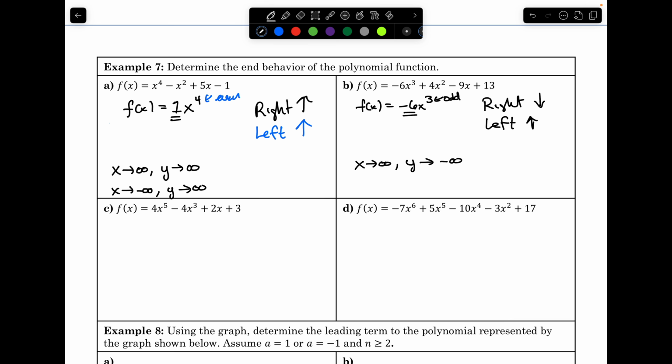That's the right. And on the left, maybe I should do this from left to right. On the left side, as x approaches negative infinity, your y values are going upwards. And on your right, as x approaches positive infinity, your y value is moving downwards towards negative infinity.